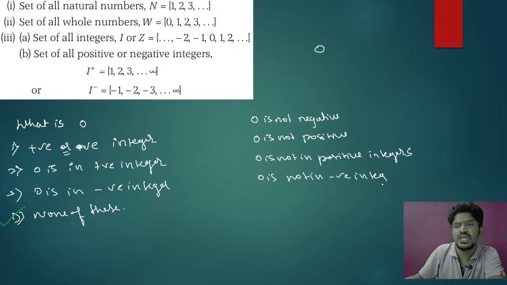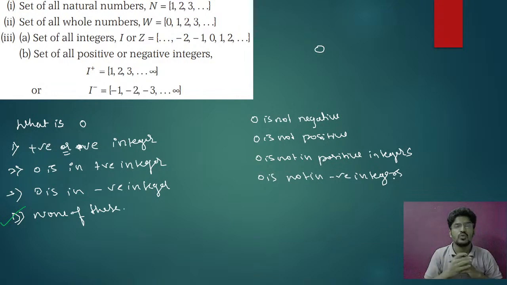Are you getting my point? So then what is 0? 0 is an integer, but it is neutral. Neutral means it is neither positive nor negative.